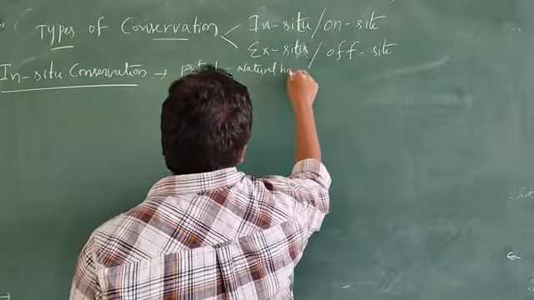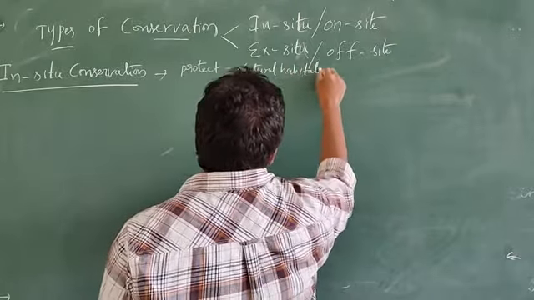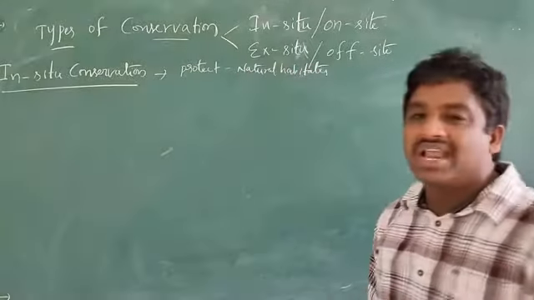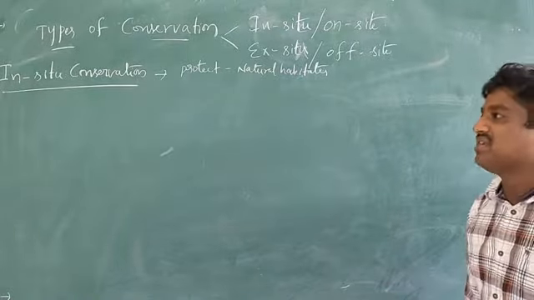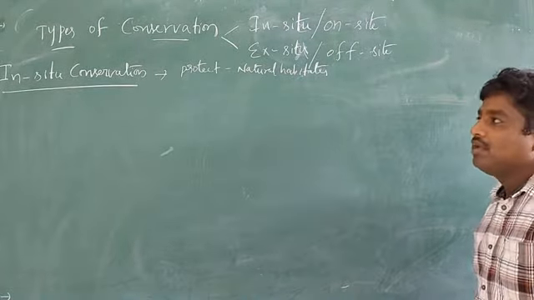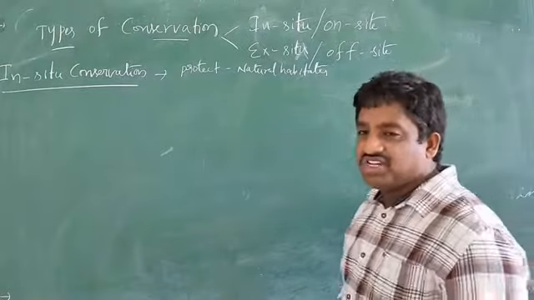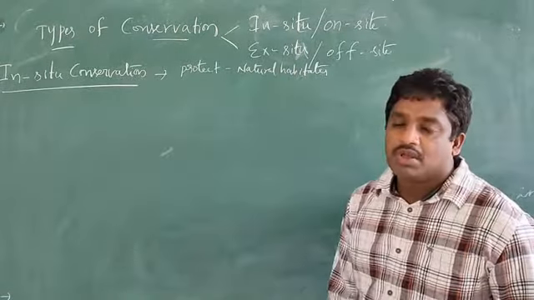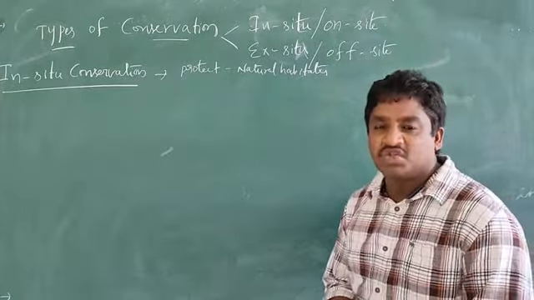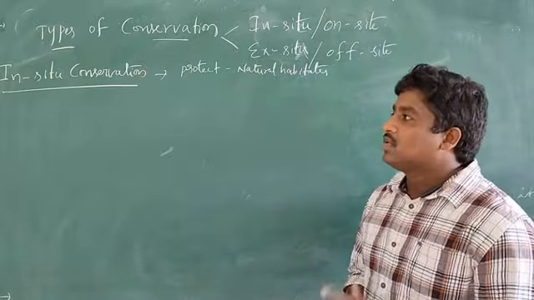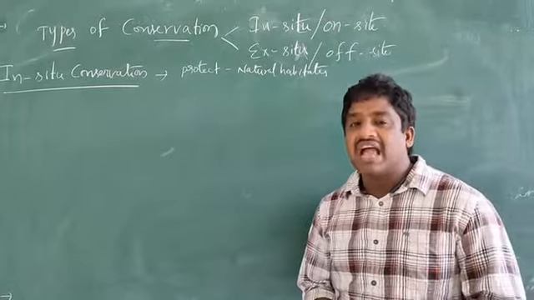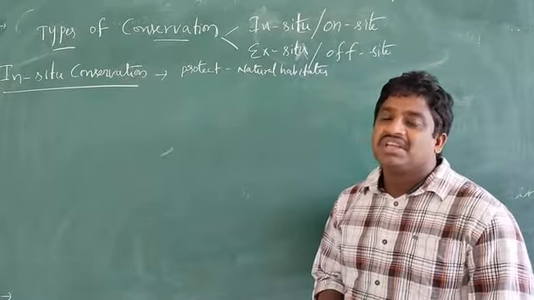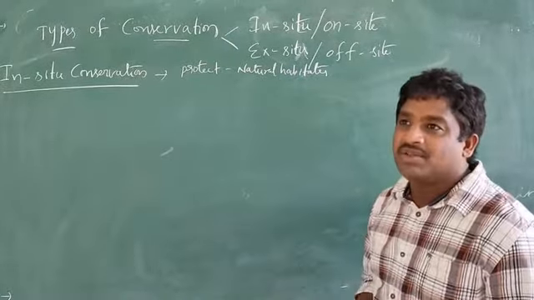Protecting the natural habitats, such a process we call in situ conservation. Once again, see this definition, it is very important. These types, and how they are conserved in the methods, are also very important. So in situ conservation means the process of protecting animal species in their natural habitat where they are living.